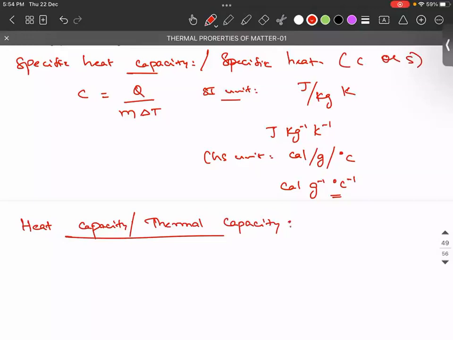So heat capacity or thermal capacity. What does it mean?